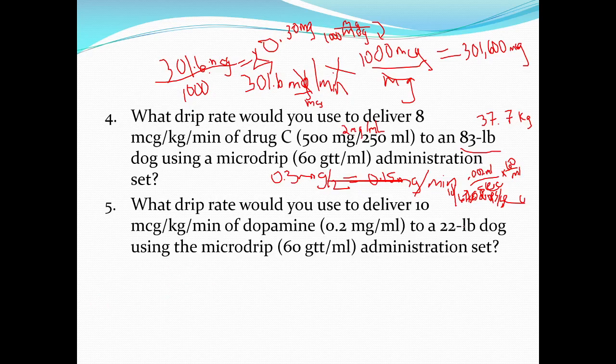So come back here, 22 pounds, that's 10 kilograms. 10 kilograms times the dosage rate, 10 times 10 is 100 micrograms per minute. 100 micrograms is the same as 0.1 milligrams, so you divide by 1,000.